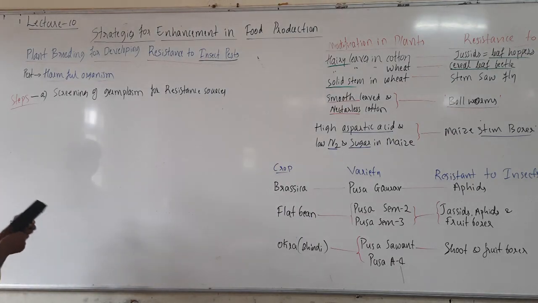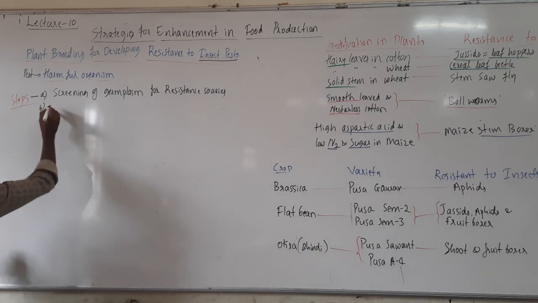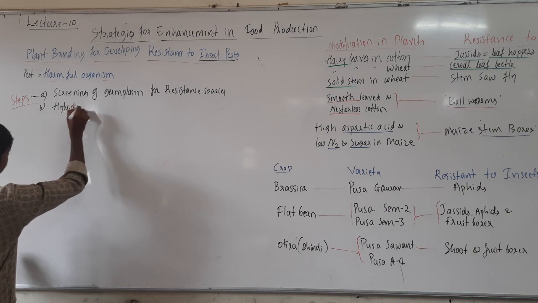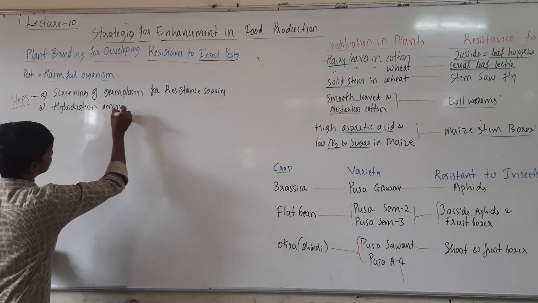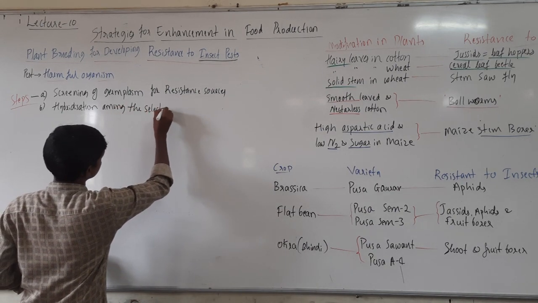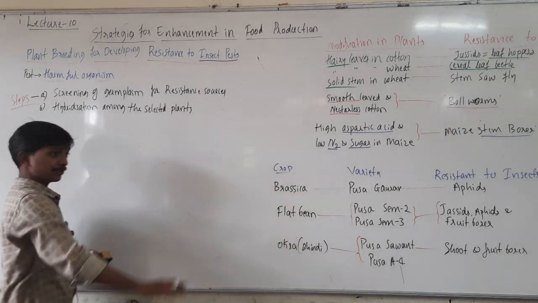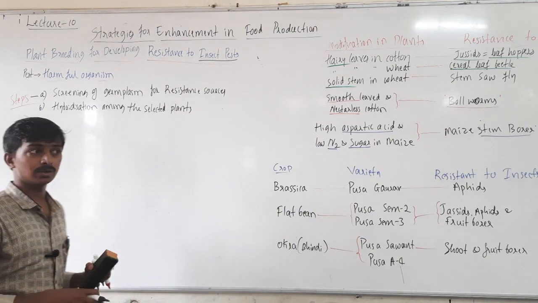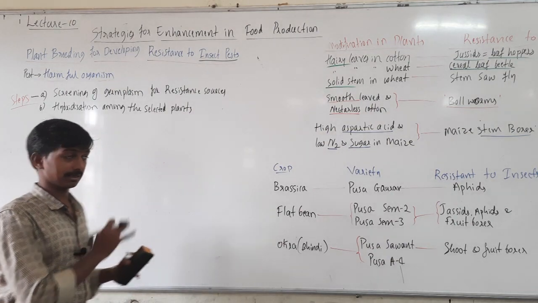After choosing, you should subject it to hybridization among the selected plants. Means you should select some plants which have resistance, and among those selected plants, you should do cross pollination, emasculation, bagging, whatever you discussed in earlier classes.